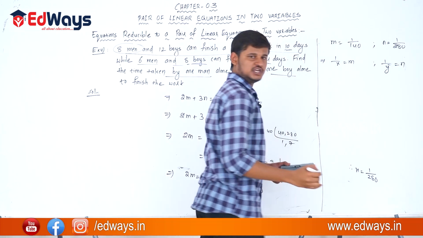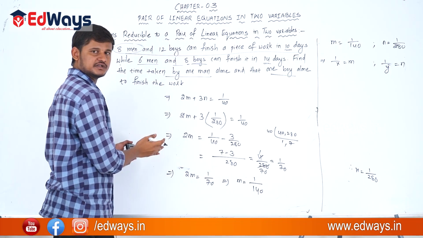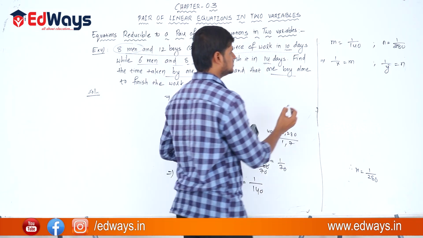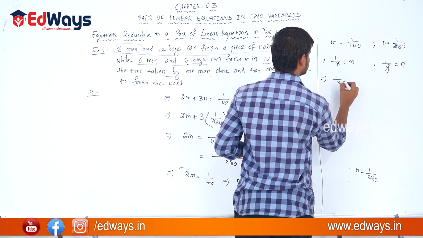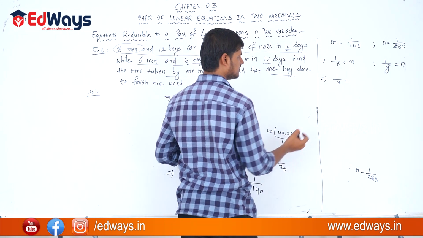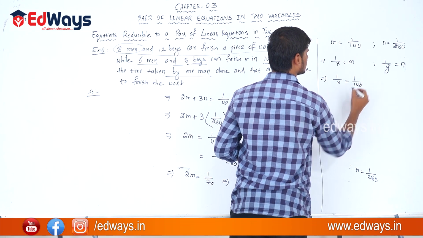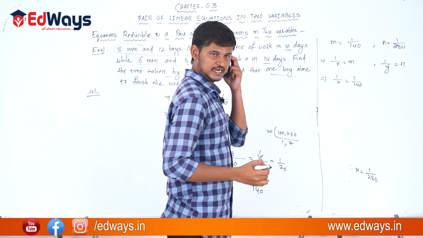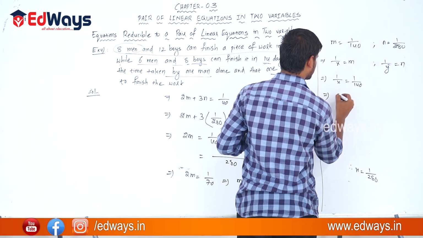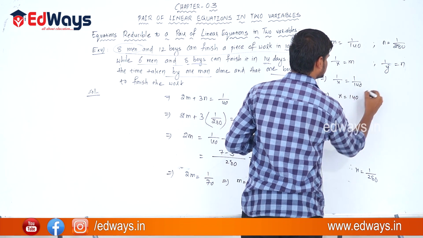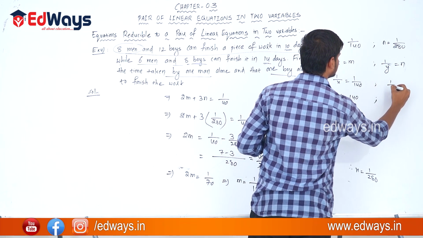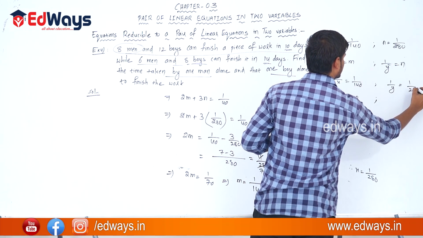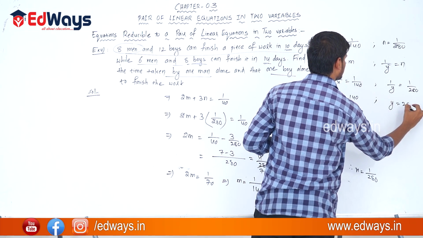These are the two assumptions we made at the start of solving the equation, right? So now 1 by x is equal to, in place of m I can substitute 1 by 140, then if I do the cross multiplication, x is equal to 140. Similarly here 1 by y is equal to 1 by 280, so y is equal to 280.